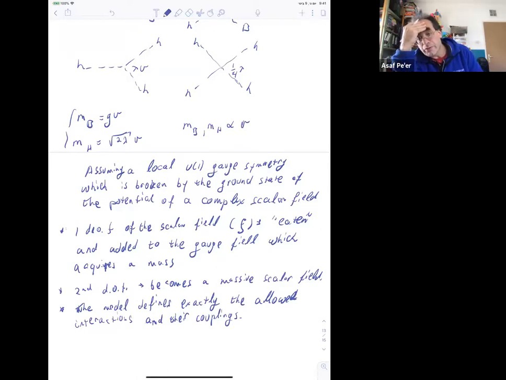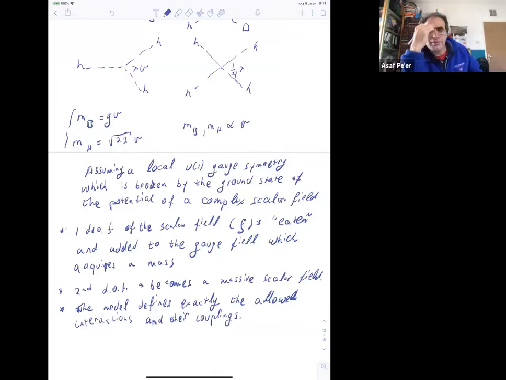We don't have any more freedom. Once we know what V is, what else do we need to know? No, V and lambda we need to know to get the mass of the Higgs. But we know exactly what interactions we're going to get.